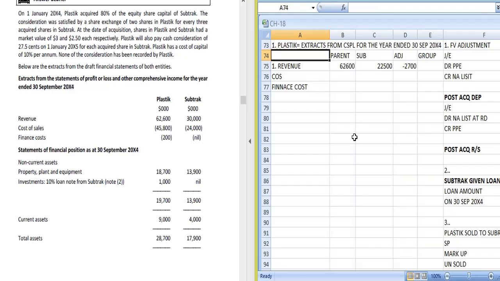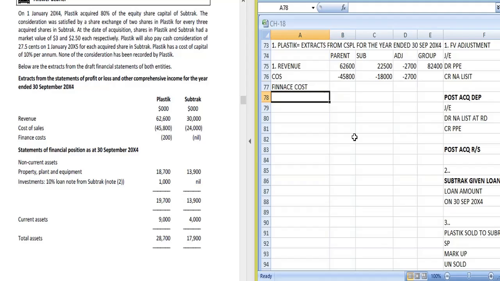Okay, so we will just add these two amounts and eliminate the intra sales between these two companies. So now cost of sales: we have 45,800 for the parent, and for the subsidiary it is 24,000, but we will only take the 9/12 portion. And also again we will eliminate intra-group sales.